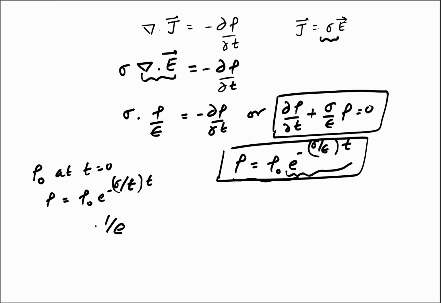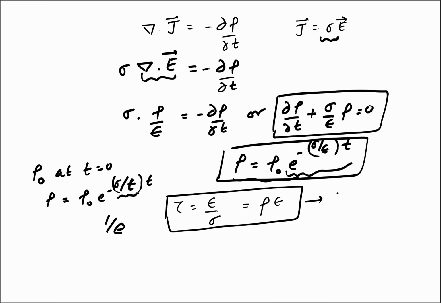That time period is usually called the relaxation time, and from this equation I can clearly write tau is equal to epsilon over sigma. Now 1 by sigma is simply the resistivity, so this tau, called the relaxation time, is simply rho epsilon.